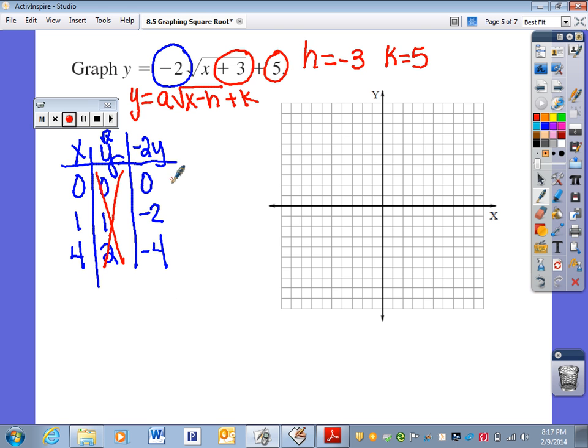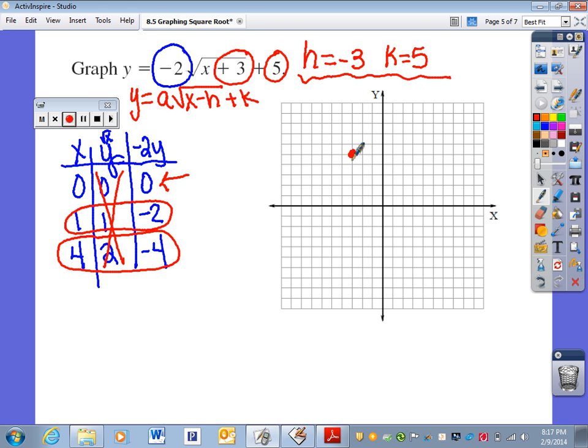So taking a look at our 0, 0 again, if we shift that according to our h and our k, we're going to move that from 0, 0 to -3, +5, and that's going to be the beginning of our square root function. Then what we can do is simply use these two coordinates using our new beginning point at -3, +5.